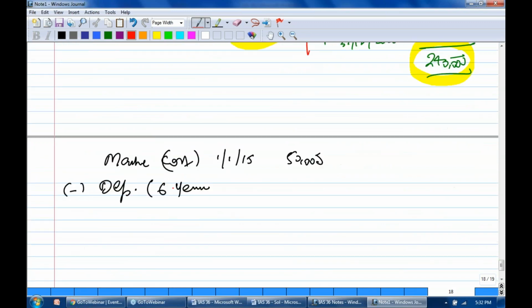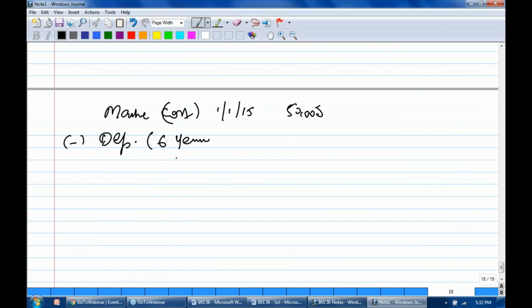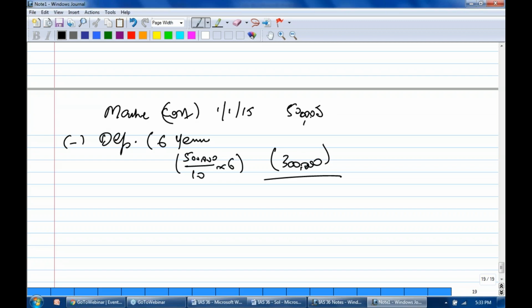Cost basis, that is 500,000 divided by 10 into 6. That's so simple. 300,000. 500,000 minus 300,000, that's remaining part is 200,000.